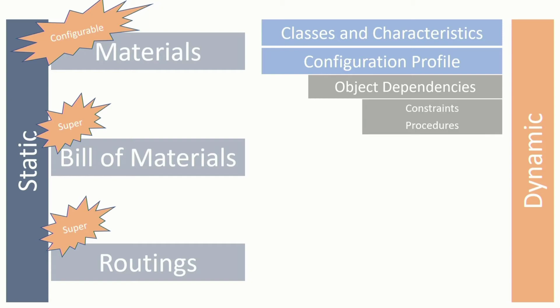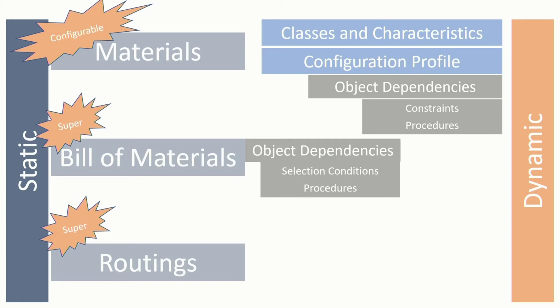So we have a couple of object dependency types that we use up there. Constraints, which is pretty much about filtering stuff and a lot of other clever stuff. Procedures is about setting stuff. Then in our super bill of materials, we have rules around selecting components and rules around procedures to, say, set a quantity or something like that.